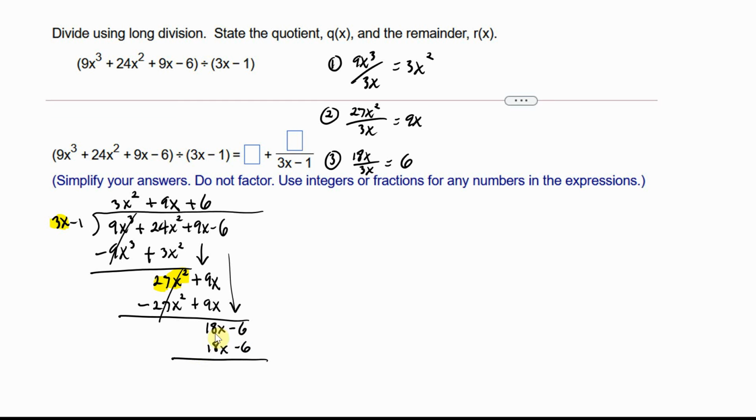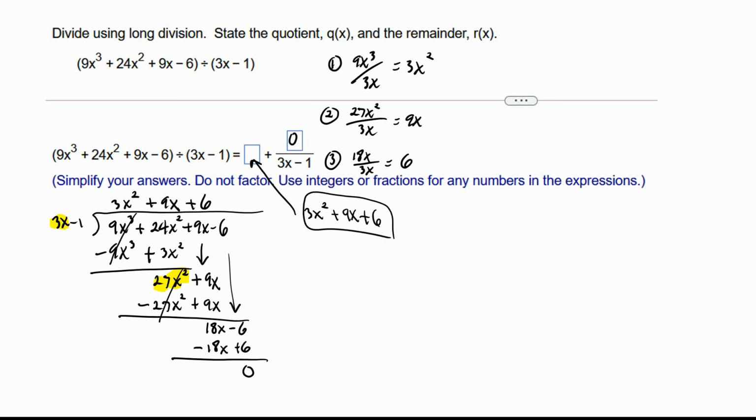Draw a line. Subtract. This becomes negative. That becomes plus. Here, remainder 0. So that remainder goes there, and the term that goes inside this box would be the 3x squared plus 9x plus 6.